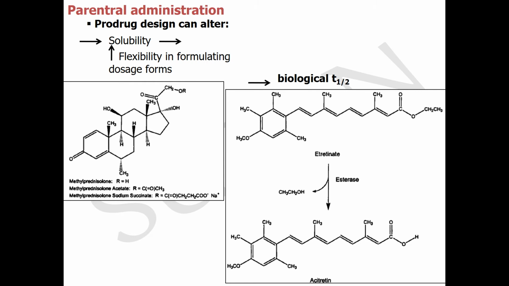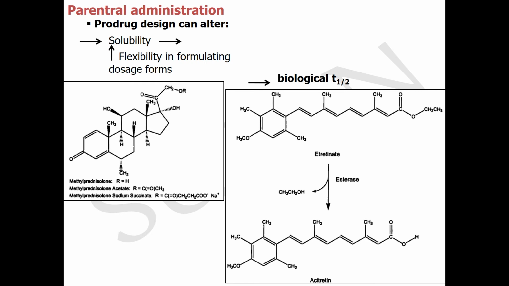The prodrug approach or design can also change the biological half-life of the drug. أيضا هنا الستركتشرز مطلوبة. عندي الإكزامبل هنا هو الأتريتينيت and acitretin. هذول both drugs هم used for treatment of psoriasis.